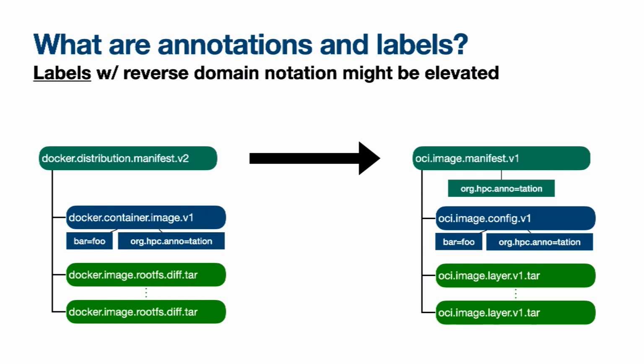If you want to inspect this annotation and you only have the Docker version, you need to first fetch the manifest, then find the config object, then fetch the config object, and you need to do this for all the images you want to inspect. Whereas if you have the OCI format with the annotation on the highest level, you just need to fetch the manifest, and then you can read these annotations without going to the nested object itself. So I think it's a better way for higher level tools, services, and registries to inspect images. So that's why we might want to elevate this into higher levels.